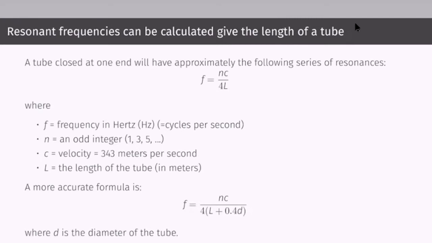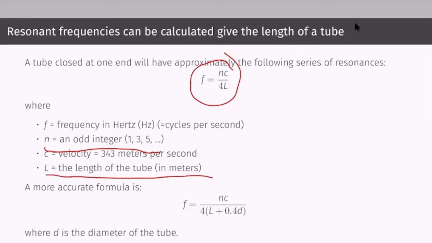So if you pretend there's no curve, then you can calculate the sequence of resonant frequencies this way, with this formula. F is frequency, N is an odd integer, C is the speed of sound, velocity, and L is the length of the tube.